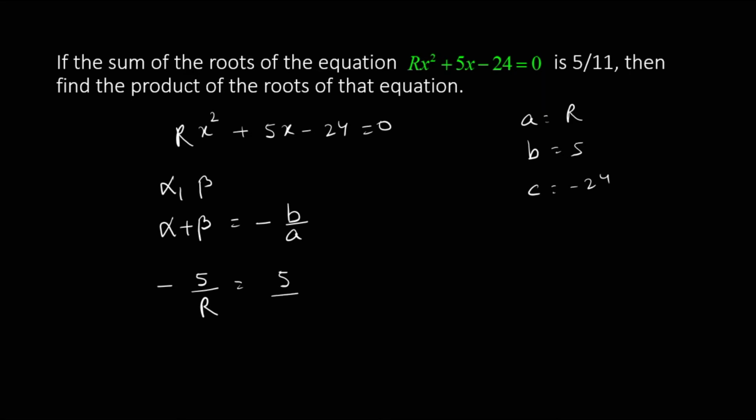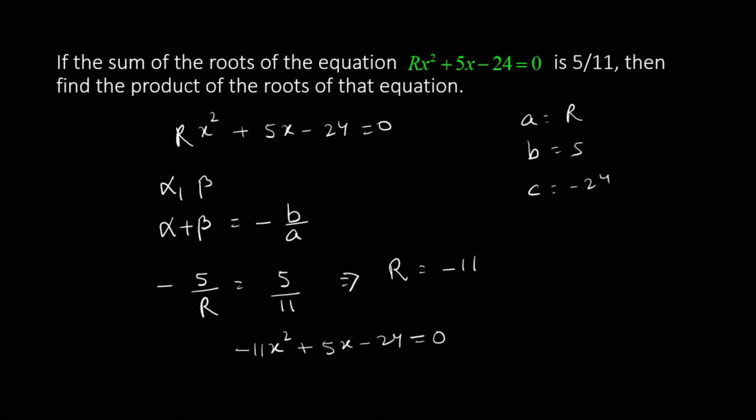On solving this equation, we get the value of r is equal to minus 11. So we have the equation minus 11x square plus 5x minus 24 is equal to 0.